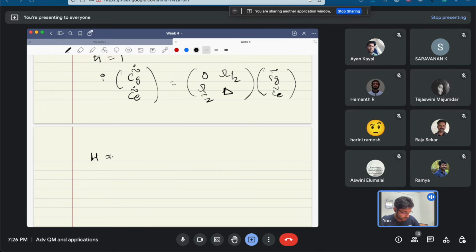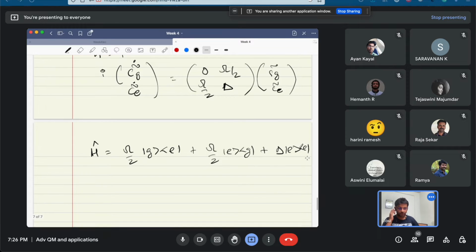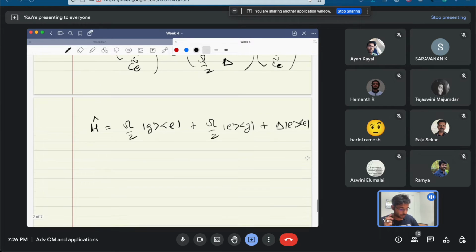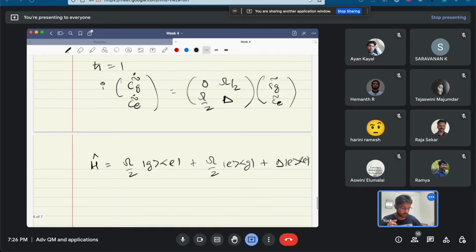You just write it in the form omega by 2 GE plus omega by 2 EG, and delta is the detuning to the excited state. So this is a straightforward Hamiltonian you now get from the expression.